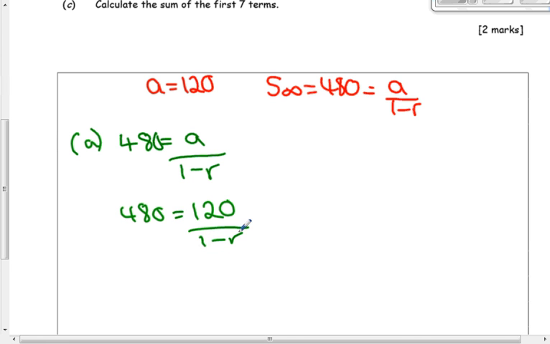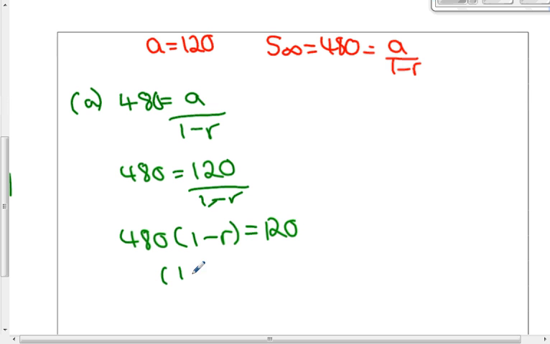Multiplying this through gives me 480 lots of 1 minus R equals 120. Dividing through by the 480 now gives me 1 minus R equals 1 over 4.